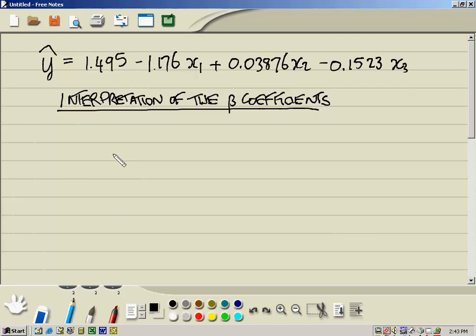Alright, but only the significant beta coefficients. An insignificant beta coefficient, alright, remember that beta hat 2 was found to be insignificant.